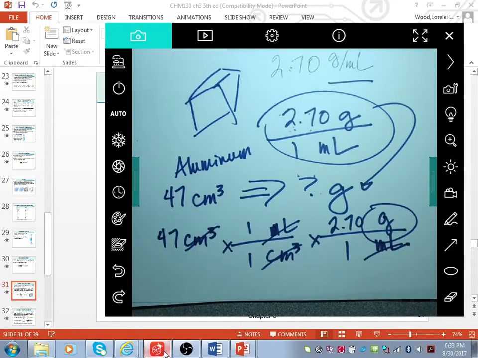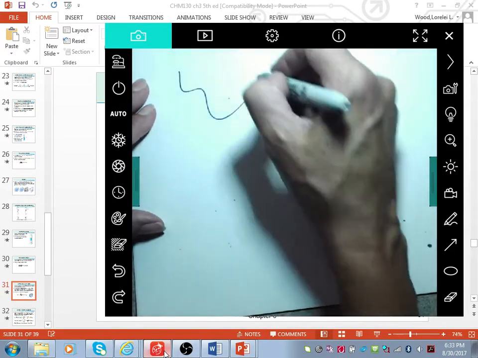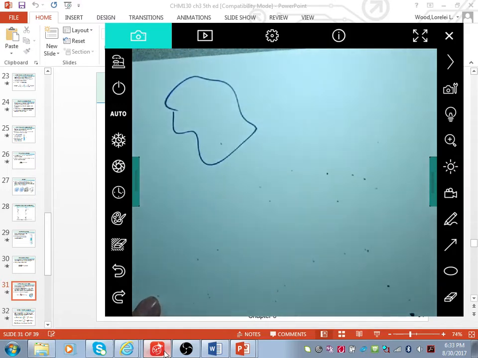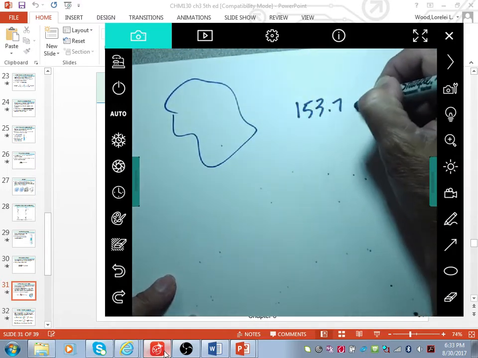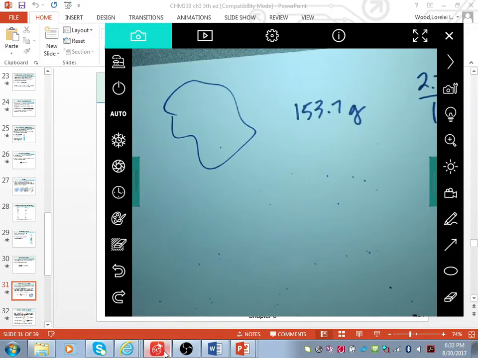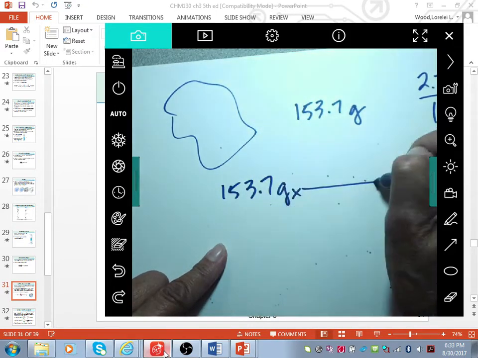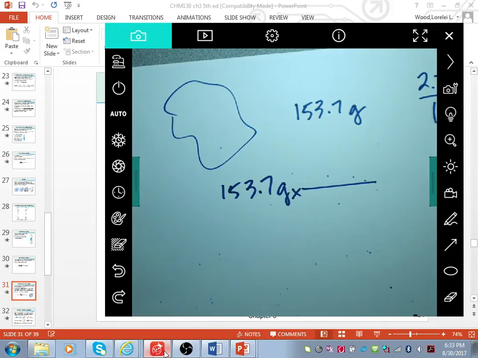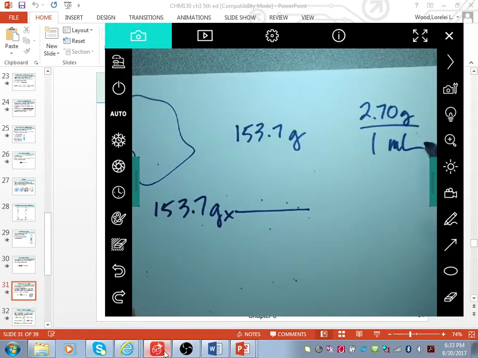Conversely, if I said, instead of a volume of aluminum, say I got an irregularly shaped hunk of aluminum, and I say it weighs 153.7 grams, right? I know the density of aluminum is 2.70 grams per milliliter. Could I take 153.7 grams and convert that and figure out what the volume is, using my 2.70 grams as a conversion factor? Yeah.